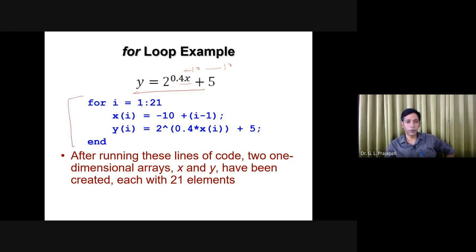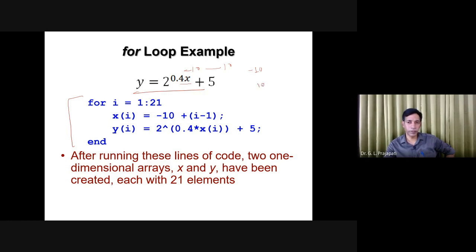So for i is equal to 1 to 21, because you have 21 points. x_i denotes the ith value of x. The first value of x is minus 10 and the last value is plus 10.